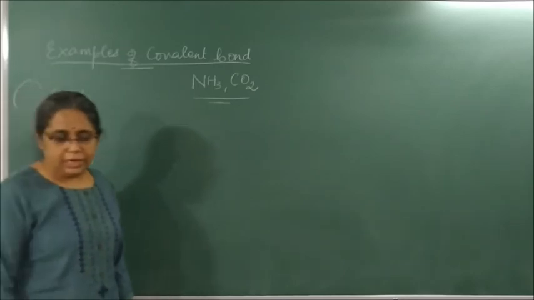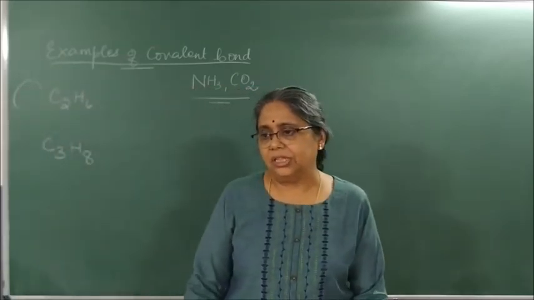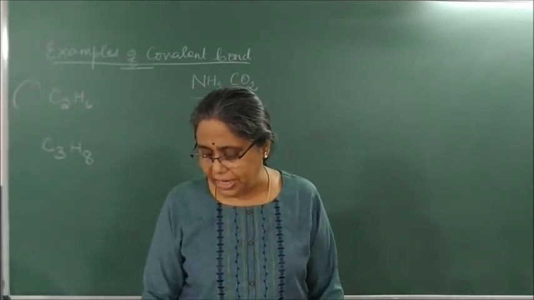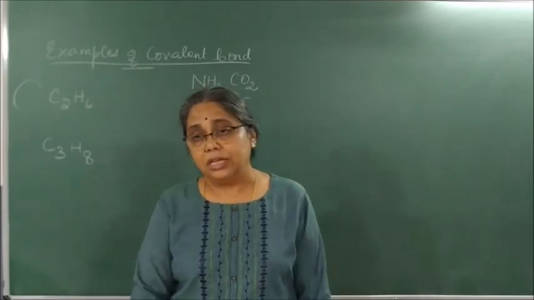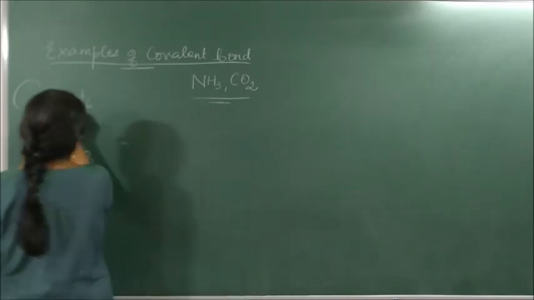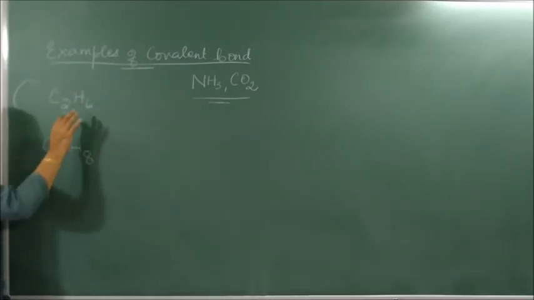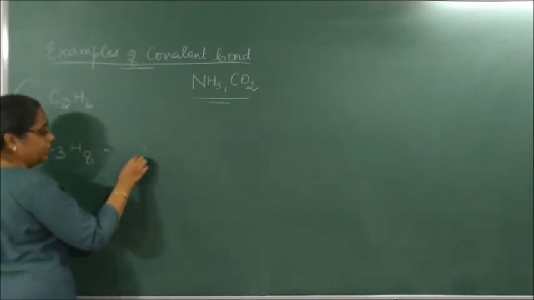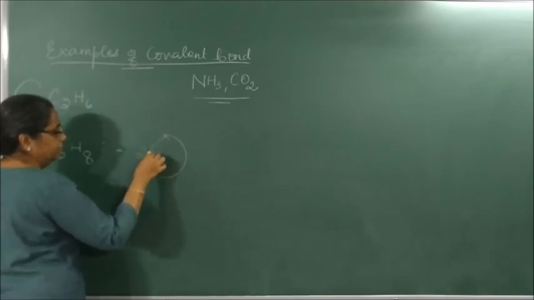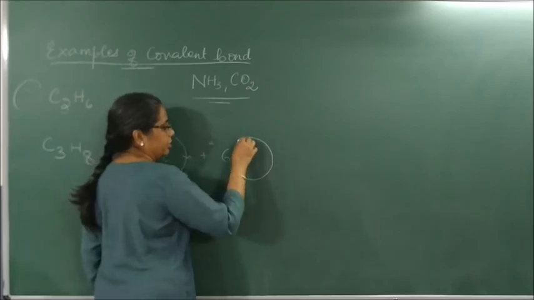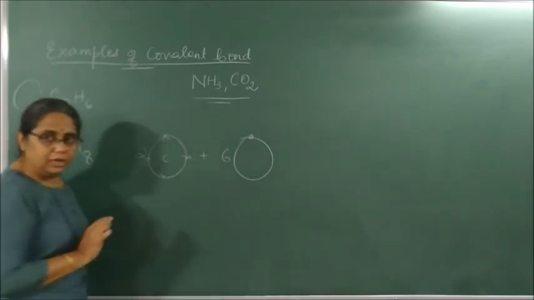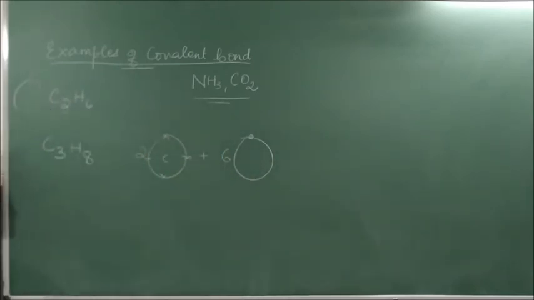Show bonding in C2H6 and C3H8. C2 means you will have 2 carbon and 6 hydrogen. So while writing, you will write like this: 2 carbon plus 6 hydrogen. Clear?